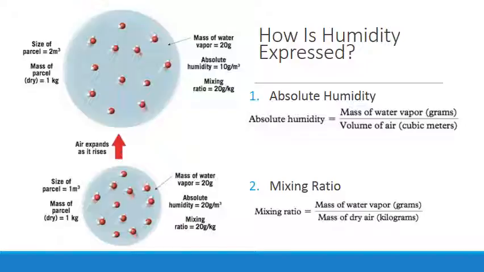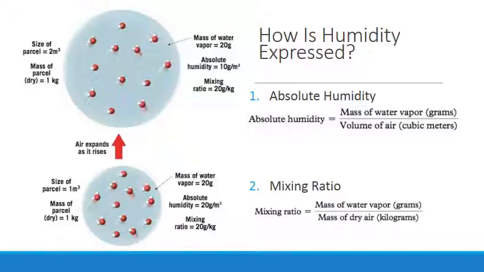The absolute humidity is equal to the mass of water vapor in some volume of air divided by the total volume of air in cubic meters. So the dimensions for this value are grams per cubic meter, which is a density.